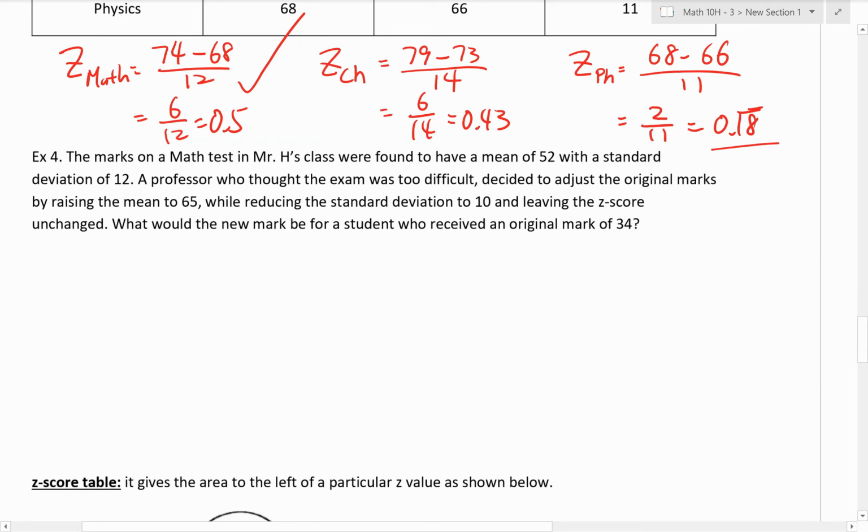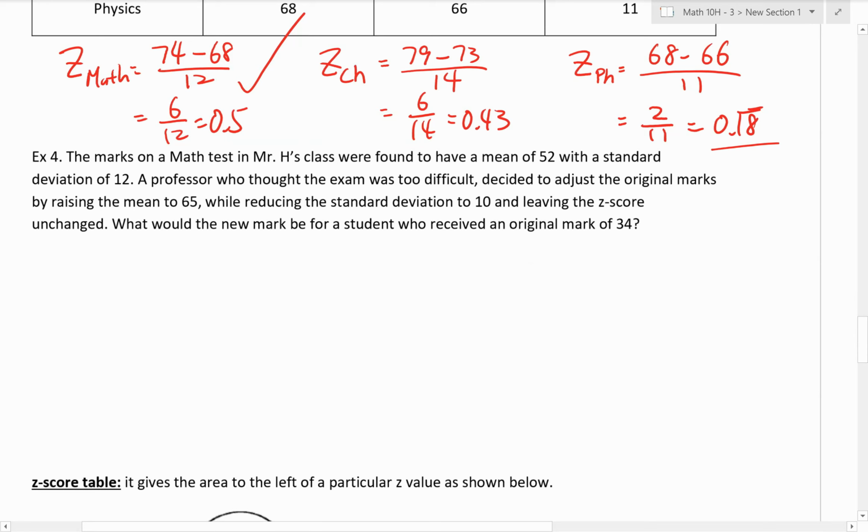He adjusted the original marks by raising the mean to 65 while reducing the standard deviation to 10, and he's going to leave the z-score unchanged. So what would the new mark be for a student who received an original mark of 34?